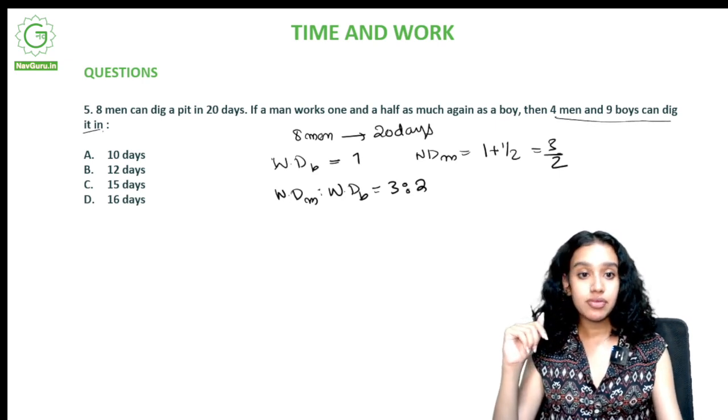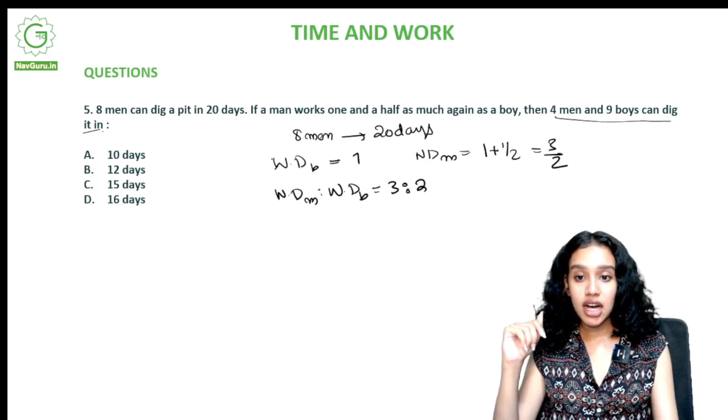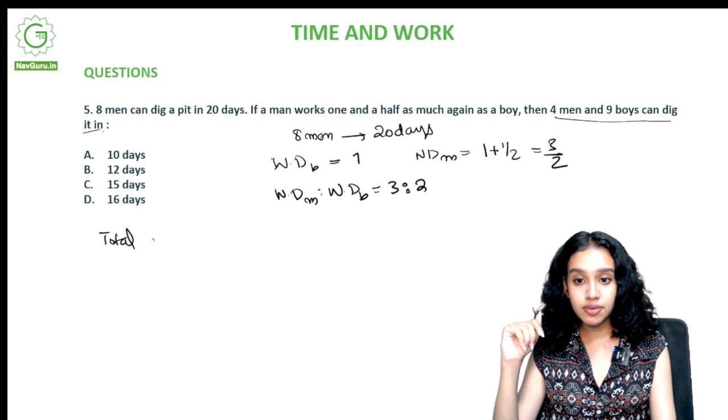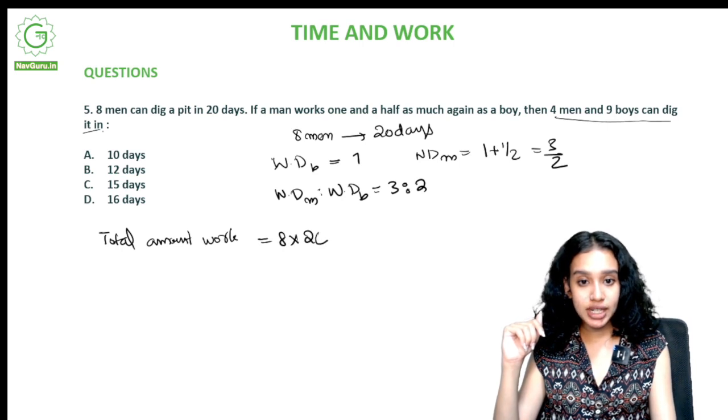So let's see. Here the total amount of work would be 8 into 20 days into 3, right? So 4 men and 9 boys are doing the work.